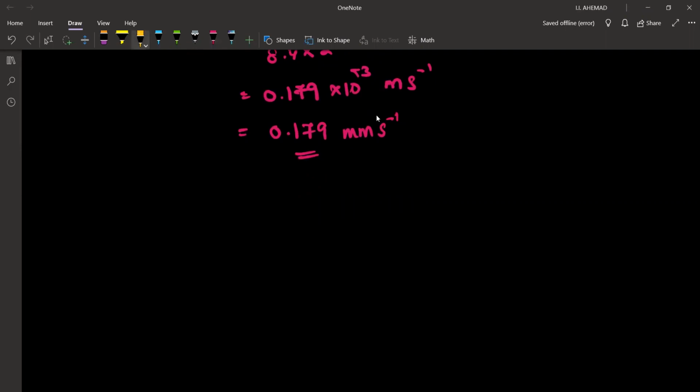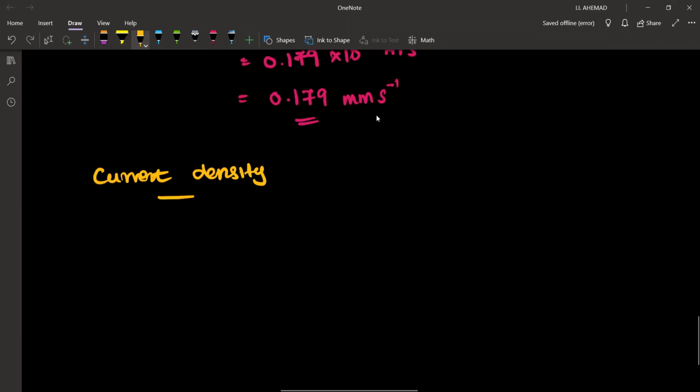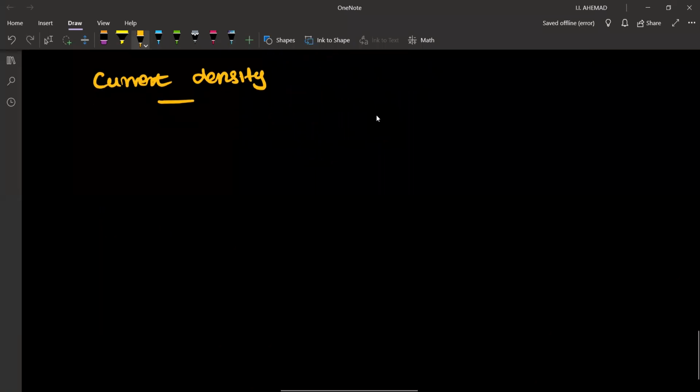So next we have current density. If you just know what is current density, that's enough.